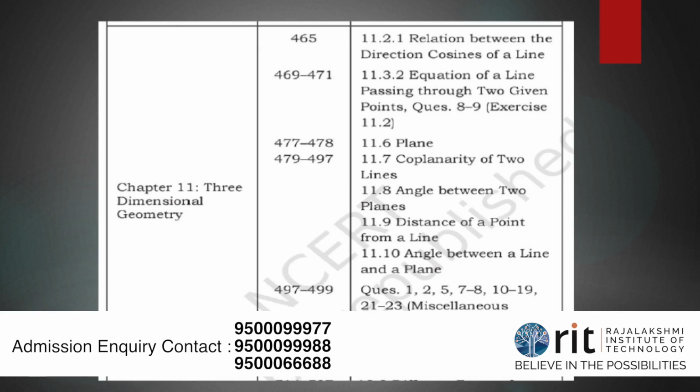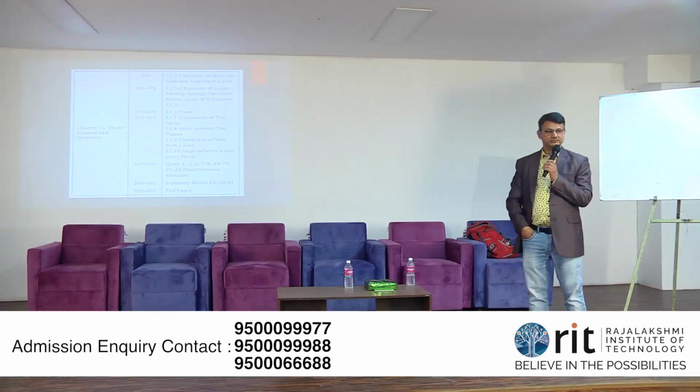So you need to take care of that. The important point: 11.7, 11.8, 11.9 and 11.10 will not be asked. But what will be asked, I have categorically told you. In the miscellaneous exercise, question number 1 to 5, 7 to 8, 10 to 19 and 21 to 23 will not be coming.